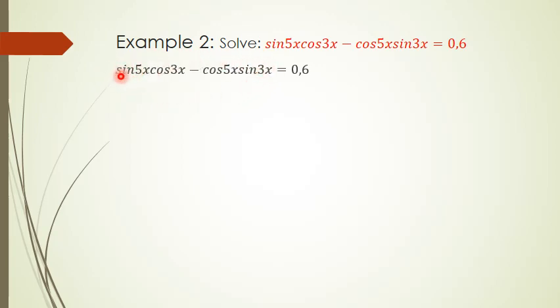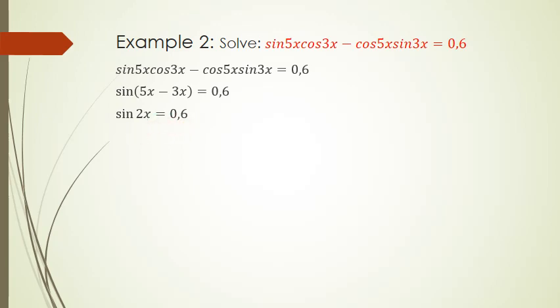It's like sine A cos B minus cos A sine B. So we apply the compound angle formula in reverse, which says we must subtract the angles. So we have sine of 5x minus 3x equal to 0.6. And simplifying the contents of the brackets, we have sine 2x equal to 0.6.